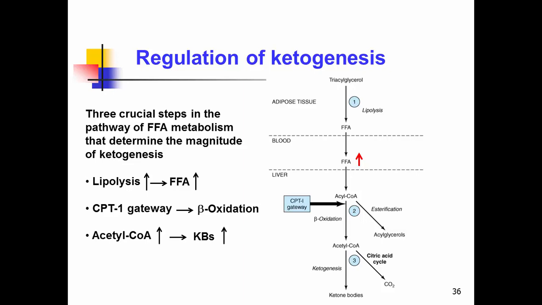Second is the regulation of CPT1, the key enzyme that controls fatty acid transport from the cytosol into the mitochondria. And lastly, the acetyl-CoA level inside the mitochondria is also a key regulatory point.